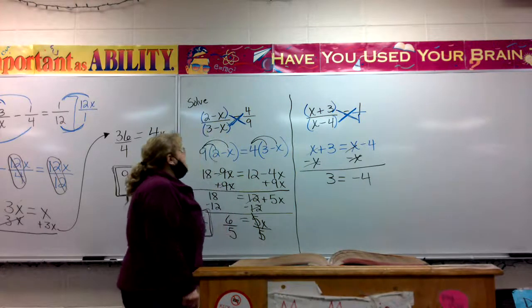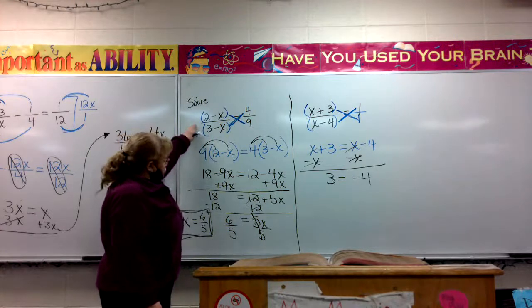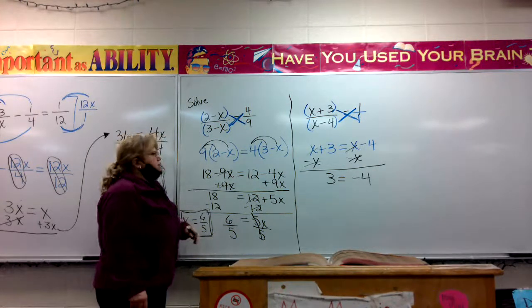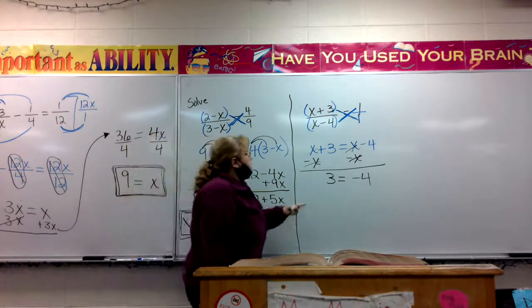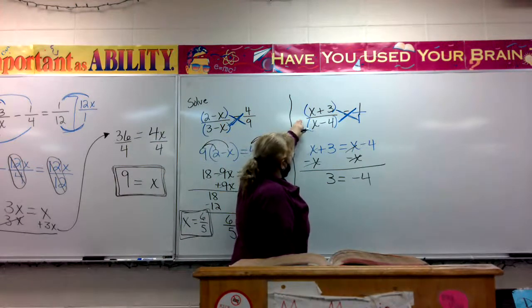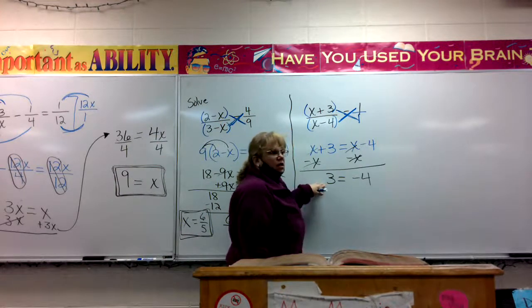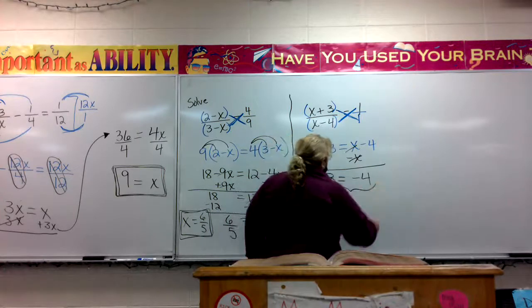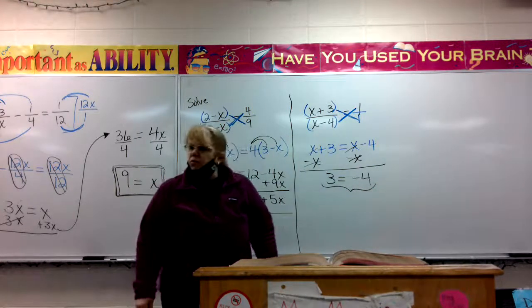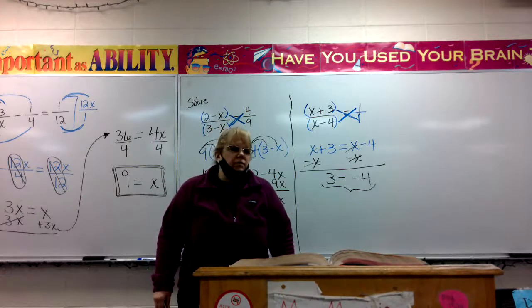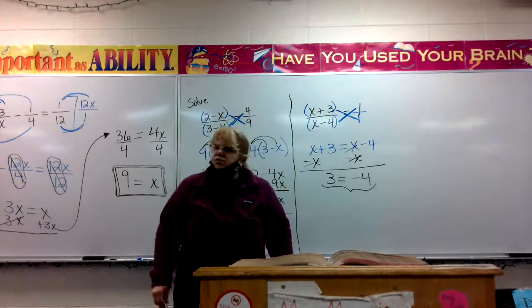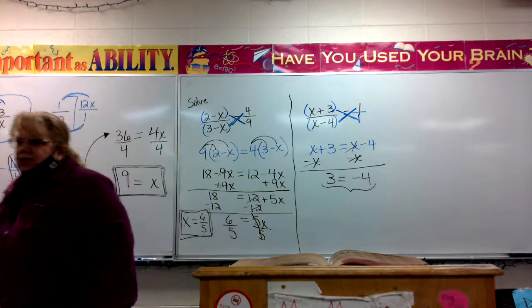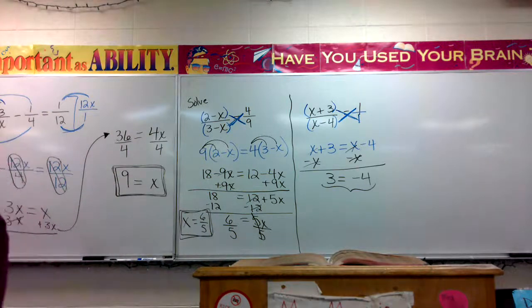We're looking for the value of x that will make this true. I'm looking for the value of x that would make 3 equal to negative 4. Is 3 equal to negative 4? No. Could 3 ever equal negative 4?